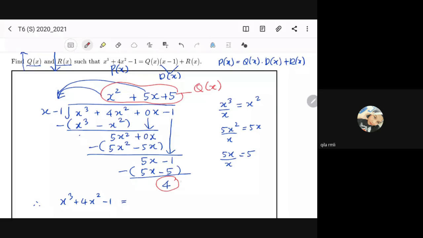Ini D(x). Okay, so x cubed plus 4x squared minus 1 equals x squared plus 5x plus 5 times x minus 1, and the remainder is 4.